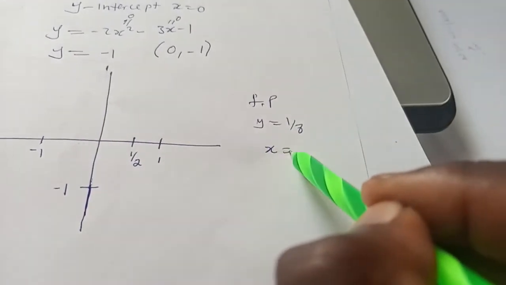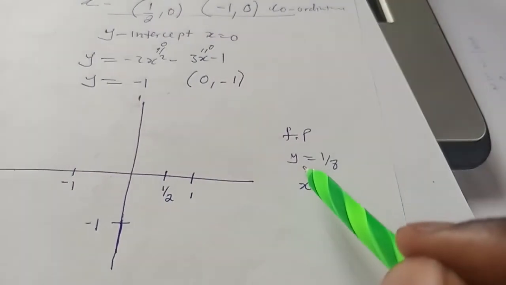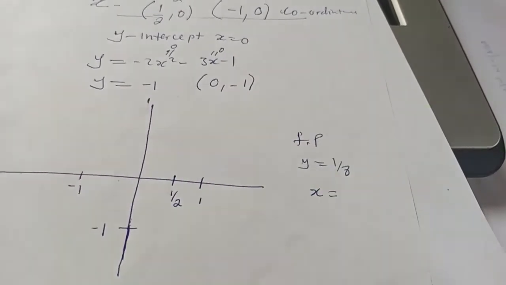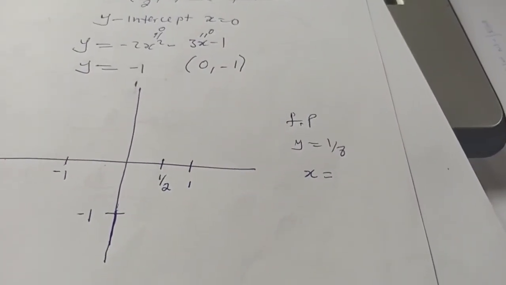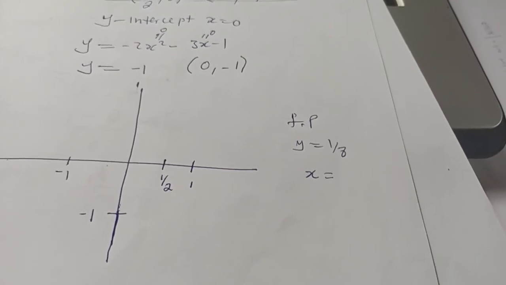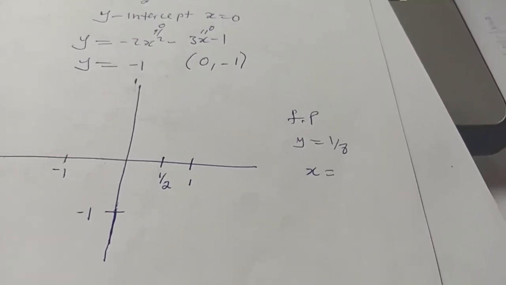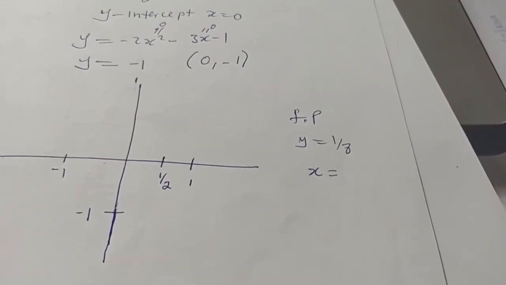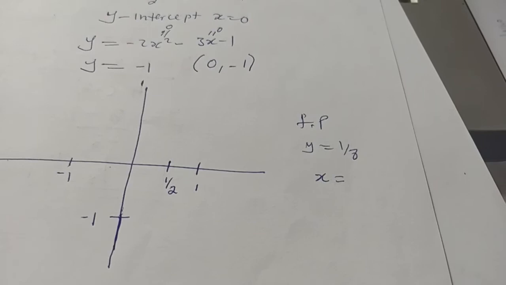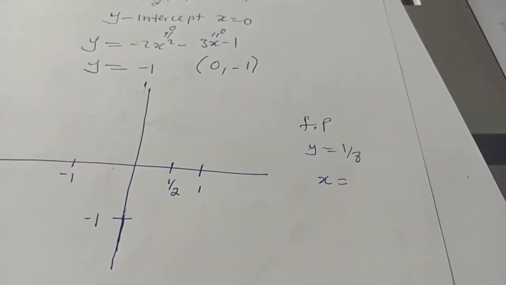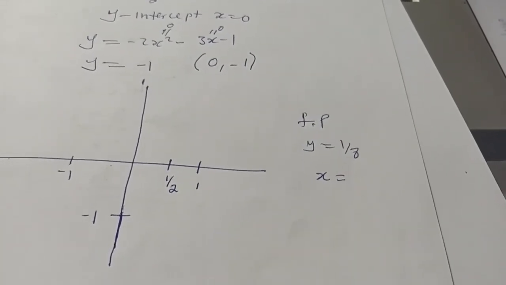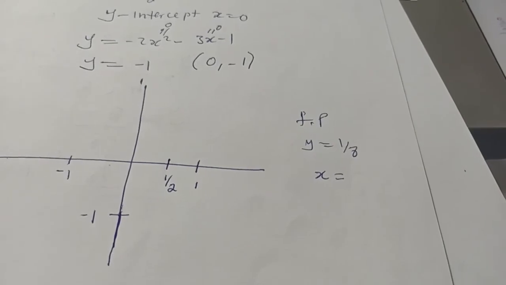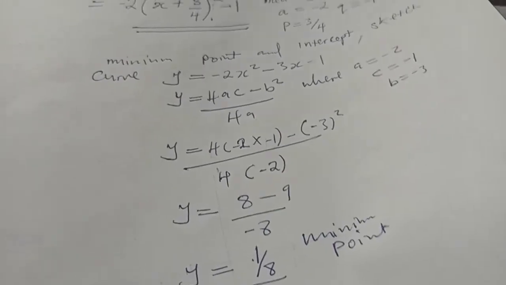Then the x value from the equation, to give us 1 over negative 3. How possible is that? Very possible.